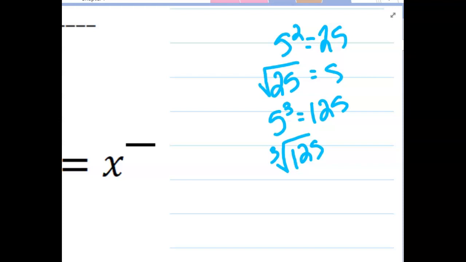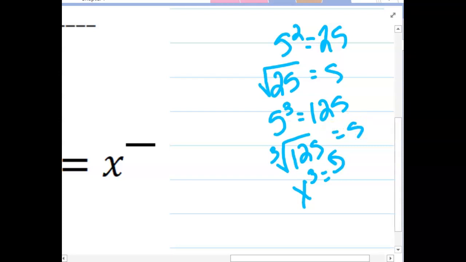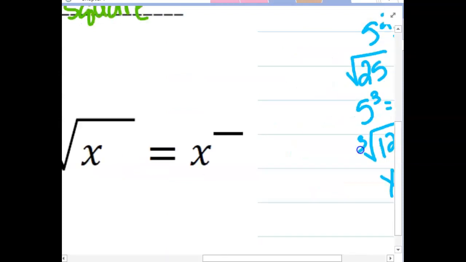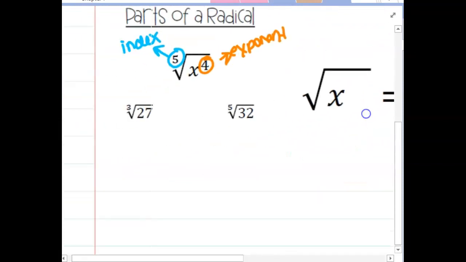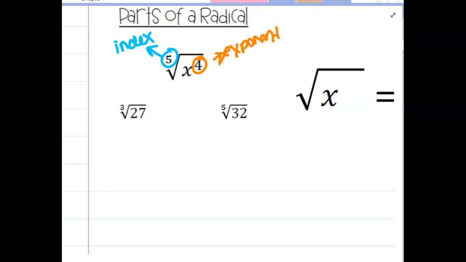So if I want to take the cubed root of 125, what I'm asking is what number cubed would give me 125? Well, 5 times 5 times 5. We just did that. So the exponents and the radicals, they're opposite of each other. So we can use that idea to simplify some of these here.